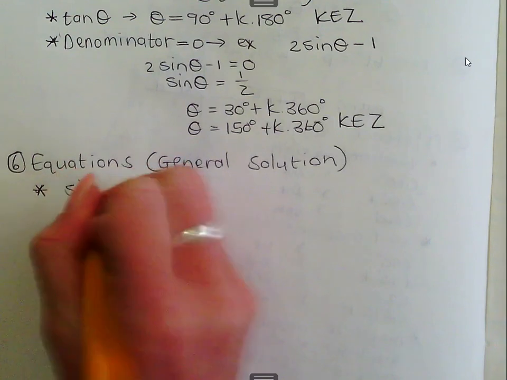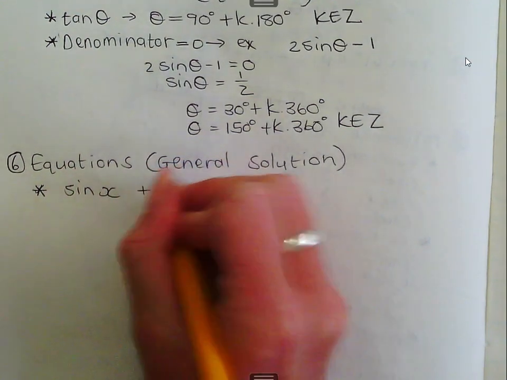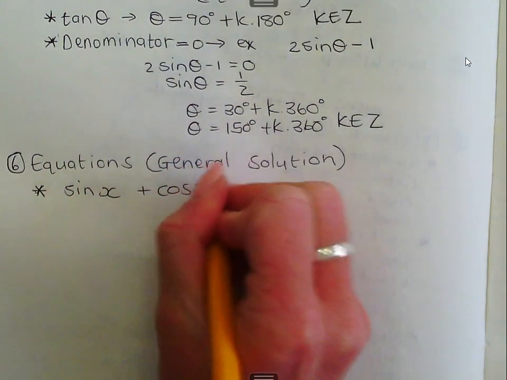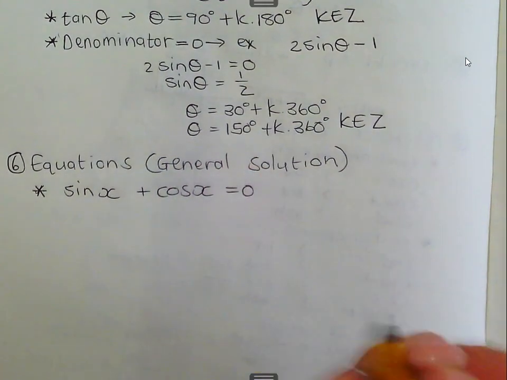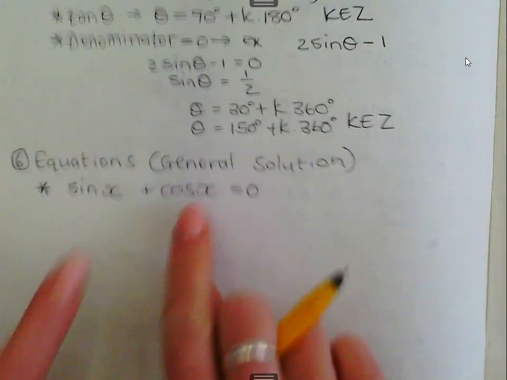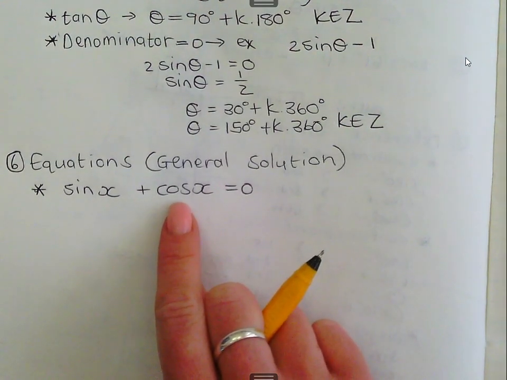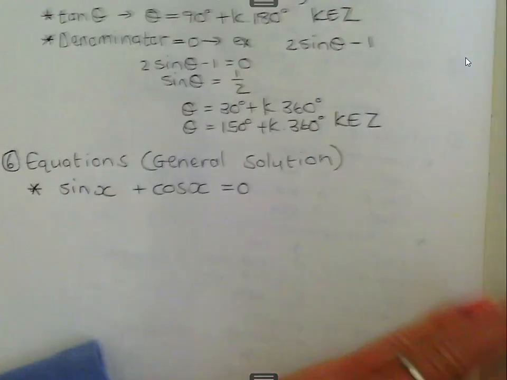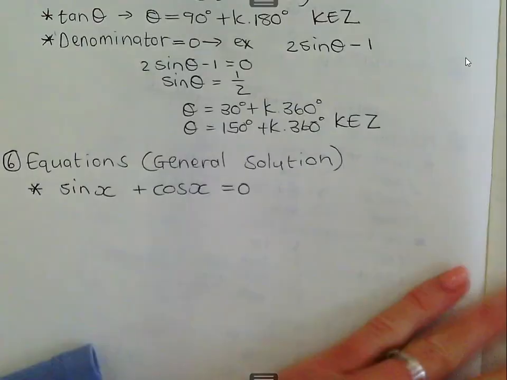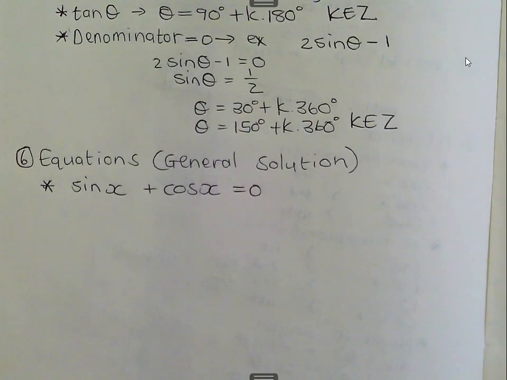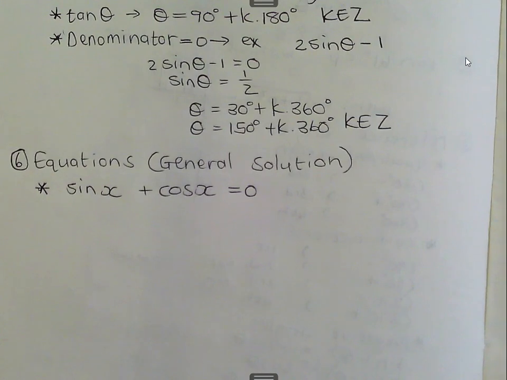If you have sin x plus cos x equal to 0, in this case you've got two different functions, but they're both to the power of 1. When that happens, you're going to take your terms and divide them all by the same thing.